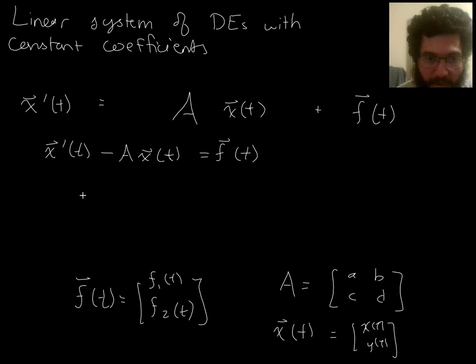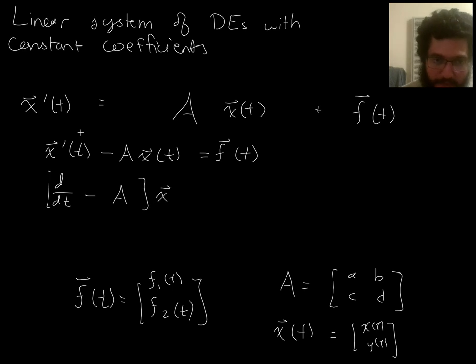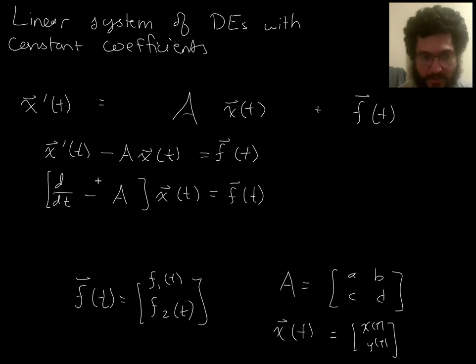If you look at what's happening to the vector of unknown functions x on the left-hand side, it's d dt, that's what's happening here, minus the matrix A applied to x. You're seeing d dt, this derivative operation being applied to x, minus A being applied to x.